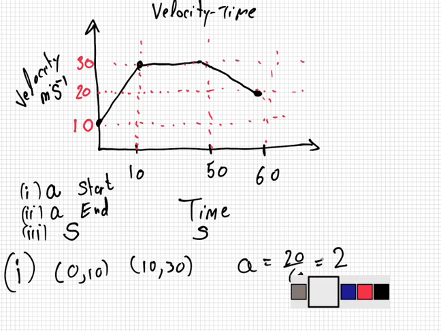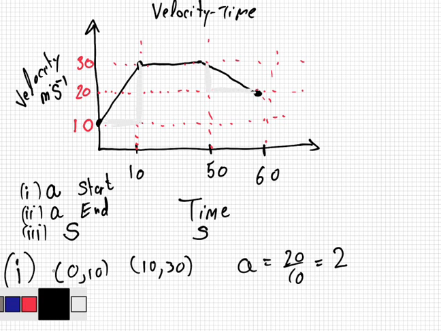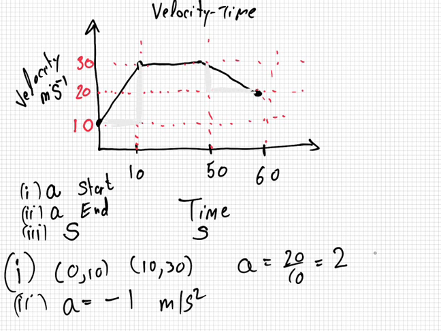But if you want, you can just do it by looking at the triangle. It's this number divided by this number, the slope also. It's the same thing. 20 divided by 10. Now for this piece, it would be 10 divided by 10, but it's going down, so it's minus. If we use the math formula, it will come out as a minus. Minus 1 meter per second squared.